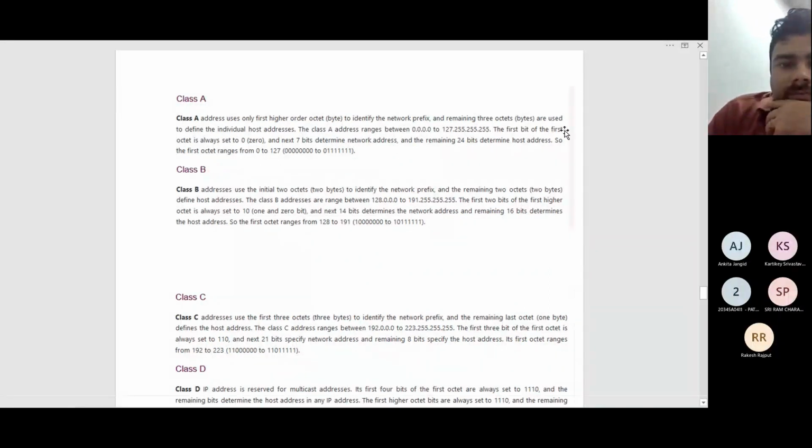The first bit of the first octet is always set to 0 and the next 7 bits determine the network address, and the remaining 24 bits determine the host address. So the first octet ranges from 0 to 127, 00000000 to 01111111. This is the Class A range.